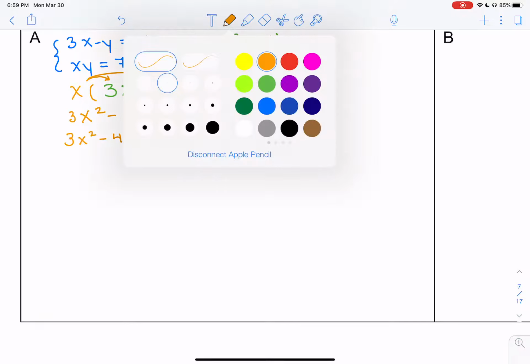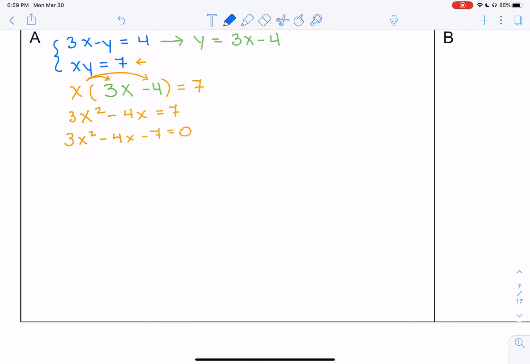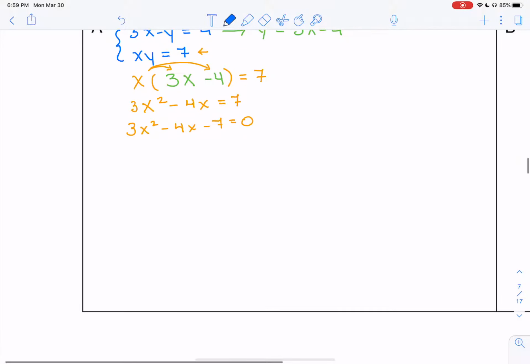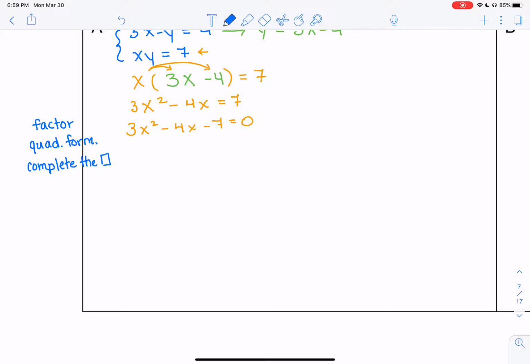At this point, when we have quadratics, we've learned that you can factor, you can do the quadratic formula, or you can complete the square. And that last option is typically not our favorite.